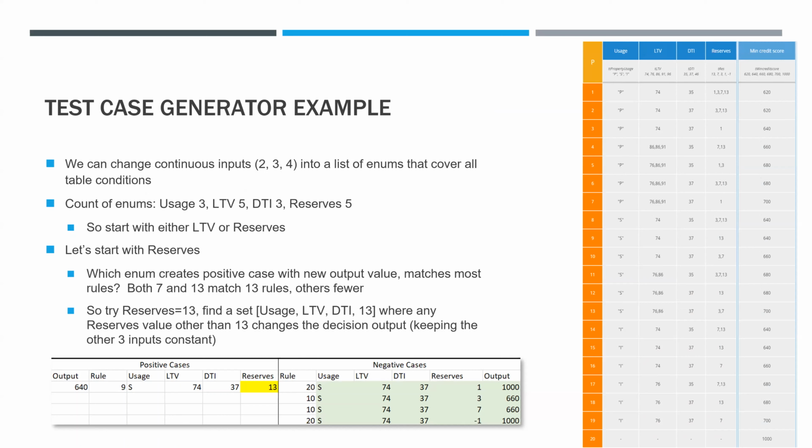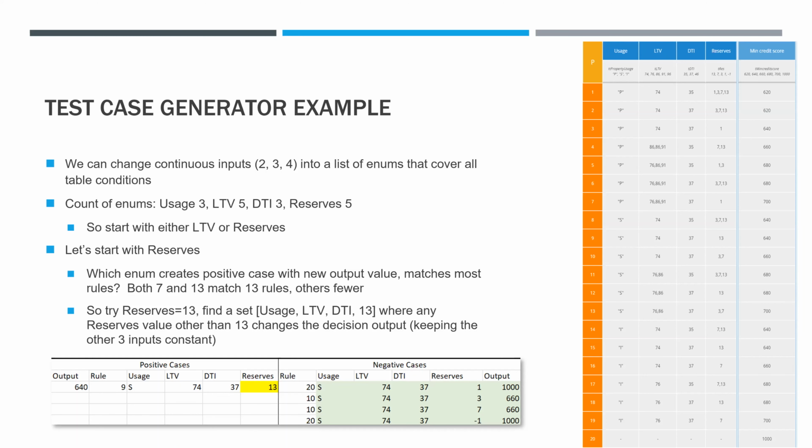So let's pick reserves. Now, which value do we pick for the first positive test case? The one that matches the most rules is one approach, and that would be 7 or 13. So let's pick 13. We then need to find test case values for the other inputs so that all values of reserves other than 13 give a different output value than the one with 13.